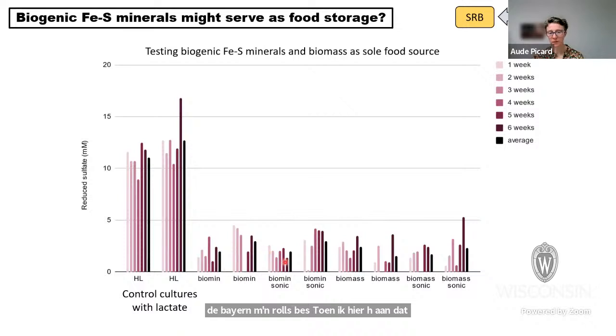So we have an indication that they can access some of the carbon, but we have to redo the experiment here. But it's very interesting that they could potentially be reducing sulfate by accessing the food stored into the minerals to survive. So we are in the process of verifying this, but this would be very interesting.